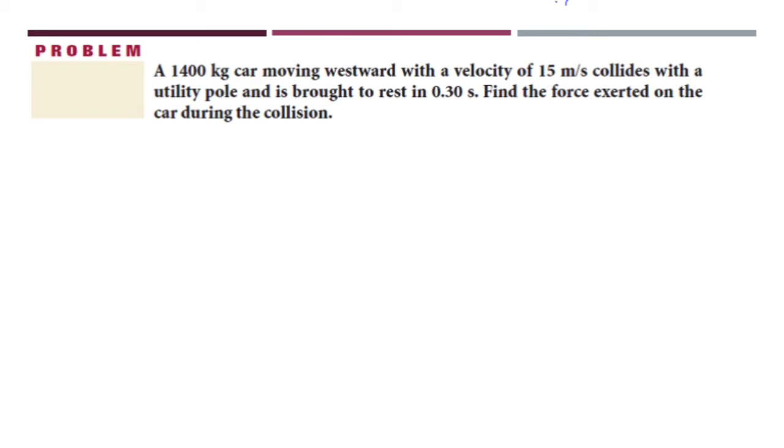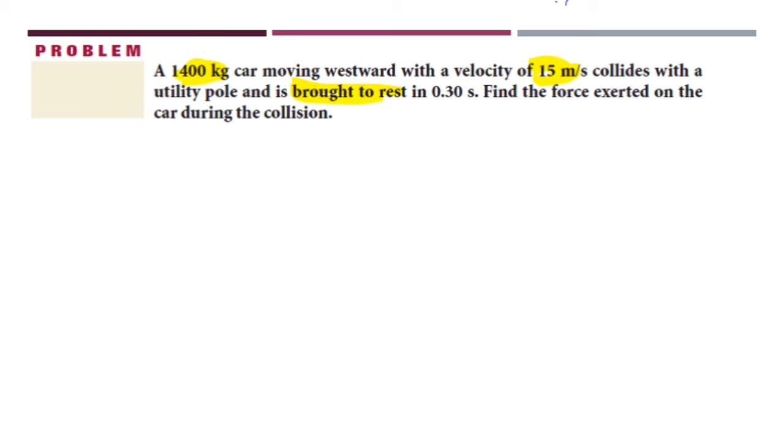Now, there's a couple things we have to look at to break down this question. First, they've given us the mass and a velocity, and then it's colliding with a utility pole and is being brought to rest. So that means my final velocity is 0.